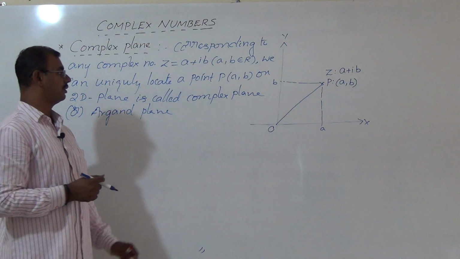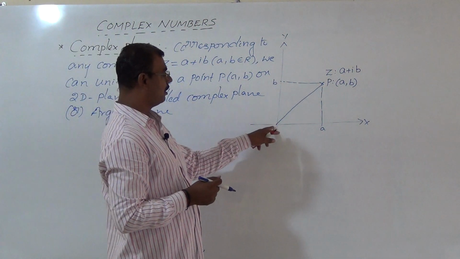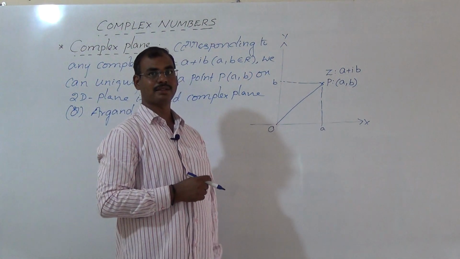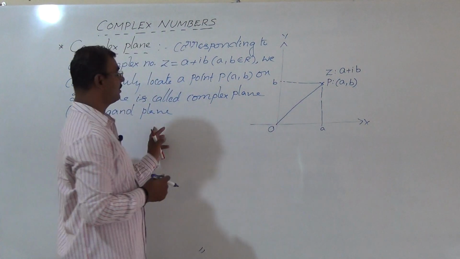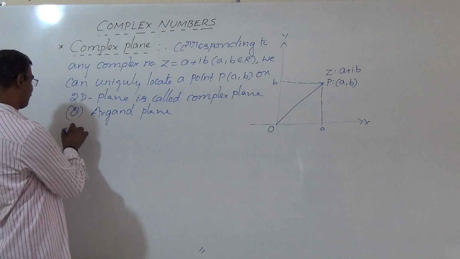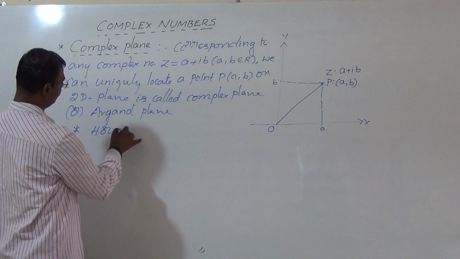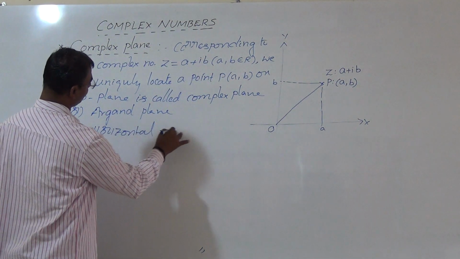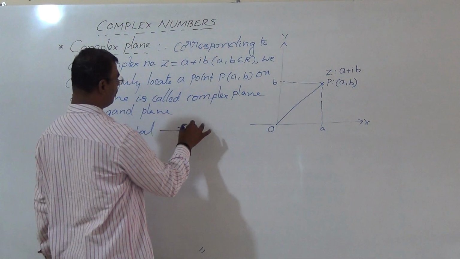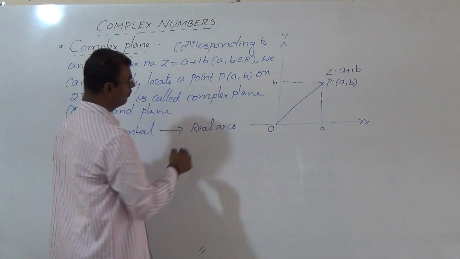Next we are going to this one. Observe, all of you, the horizontal axis is called the real axis. Remember this point, everyone. So the horizontal axis is what? Real axis.